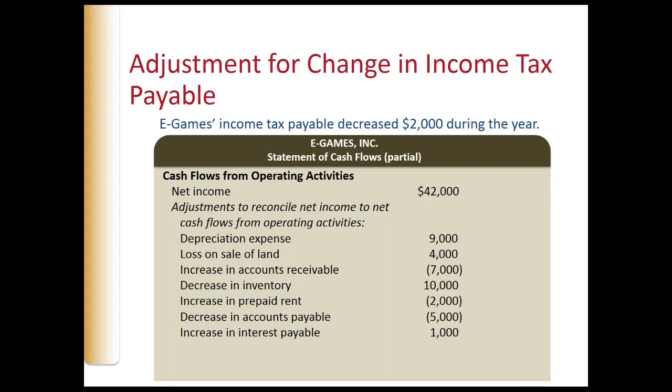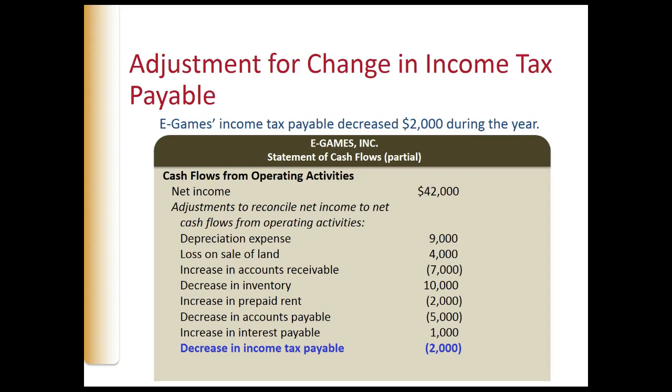eGames' income tax payable decreased $2,000 during the year. The decrease in an income tax payable indicates the company paid $2,000 cash to reduce its liability, its income tax payable, but reported no corresponding expense during the period. So in other words, the cash outflow to reduce income tax payable caused cash to decrease by $2,000, but net income was unaffected.